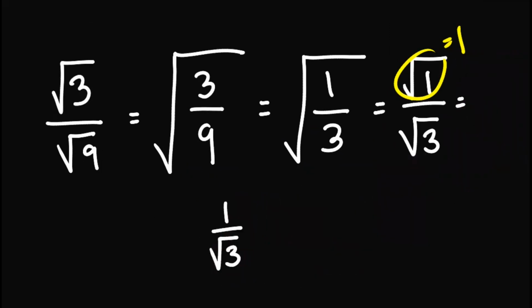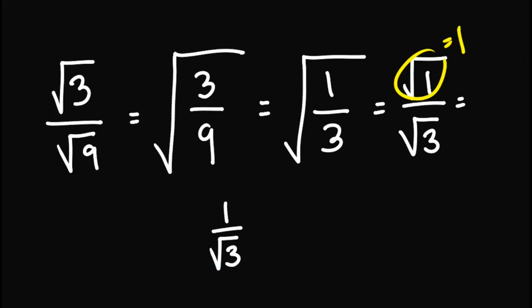Now let's focus on 1 over square root of 3. We might say that this one already is the final answer, but actually it's not, since in radicals we don't really want to have a radical in the denominator. So what can we do to remove this radical out here?